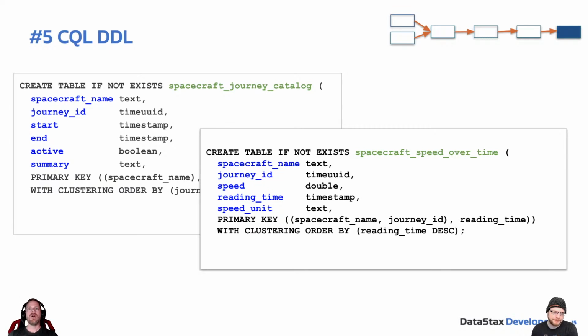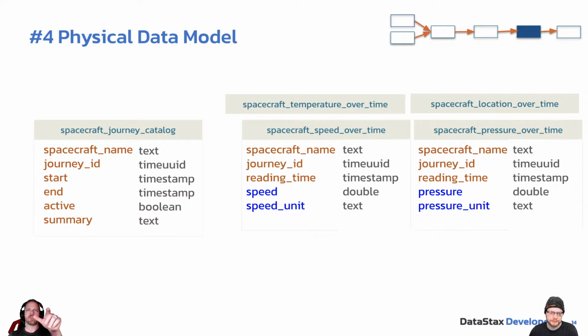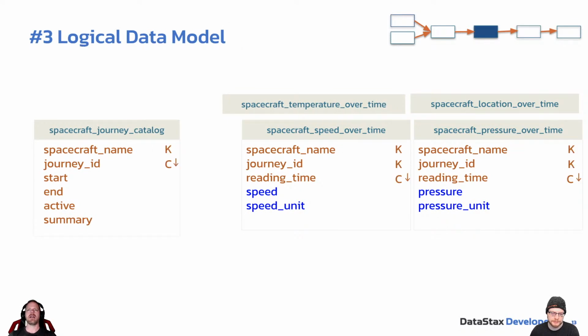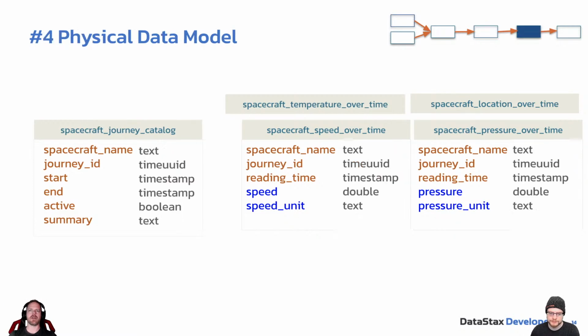Okay, so in the second example here, now we're taking our spacecraft speed over time. Again, it's the same deal, where we have the same fields and types that we identified in our logical and physical data models. Notice that primary key though. Remember, in the case of the spacecraft speed over time, both spacecraft name and journey ID were partition keys, with reading time as a clustering column.